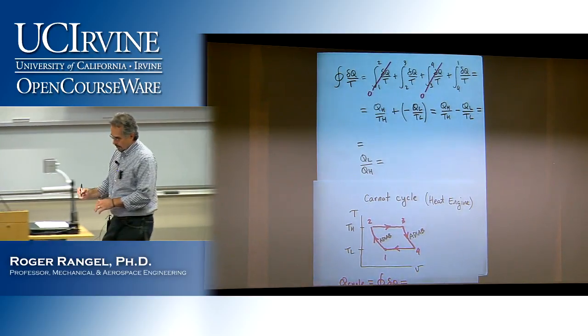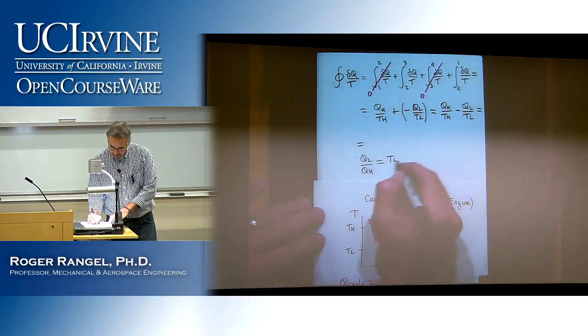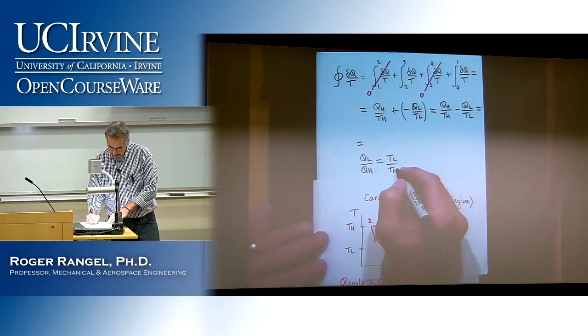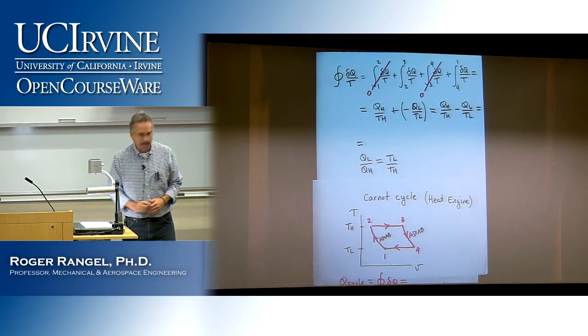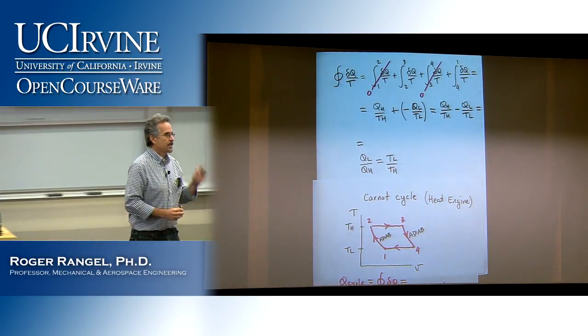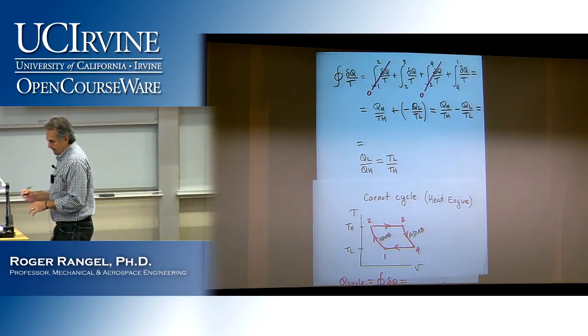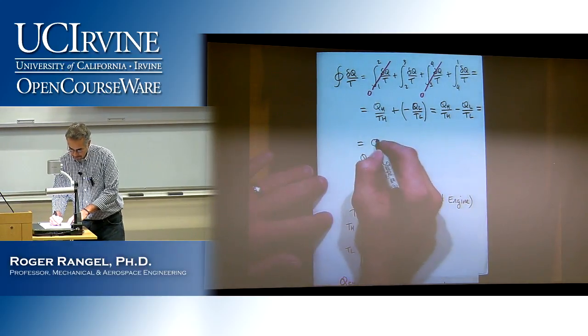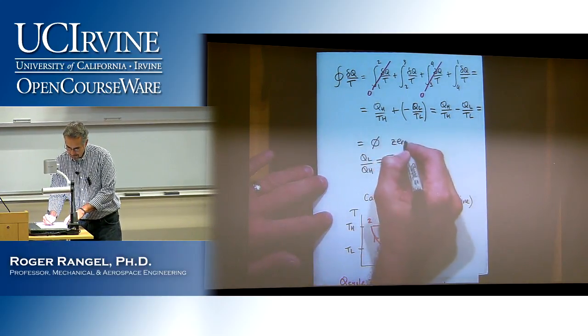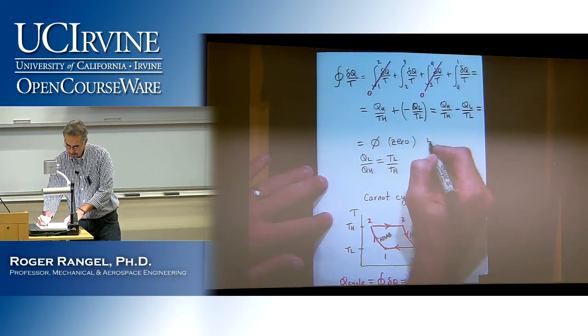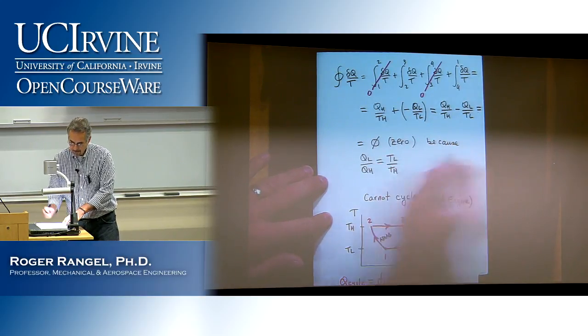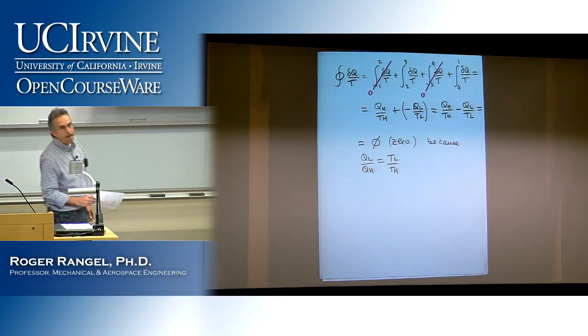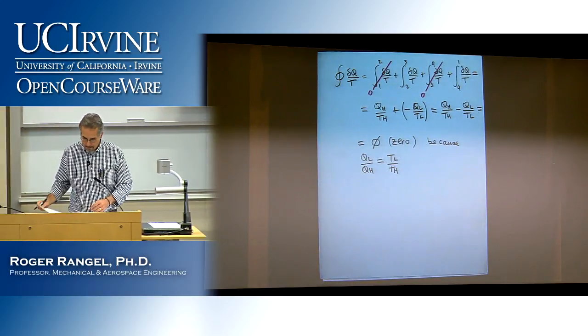TL over TH. We know this. This is, in fact, what defines the absolute temperature scale. So what's the answer? 0. All right? So the answer was 0, because of that is written there. So this integral happens to be 0.